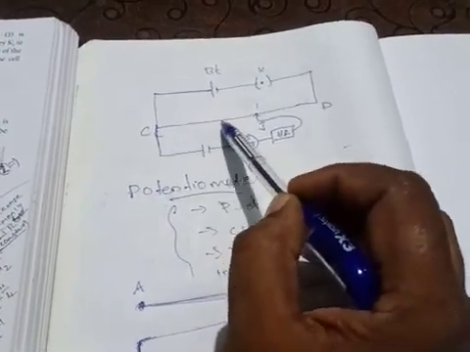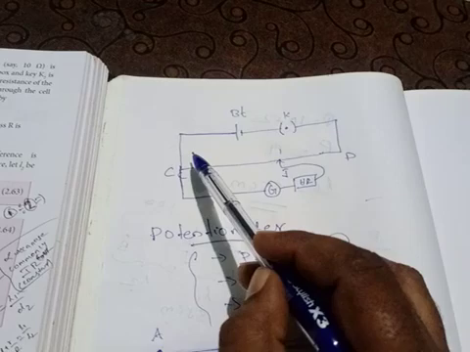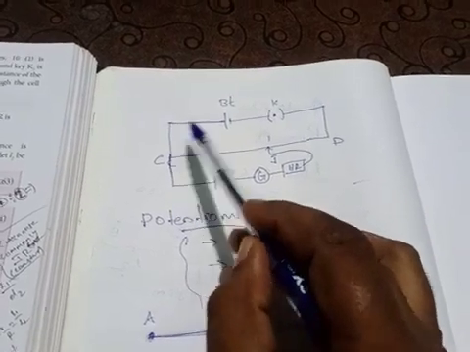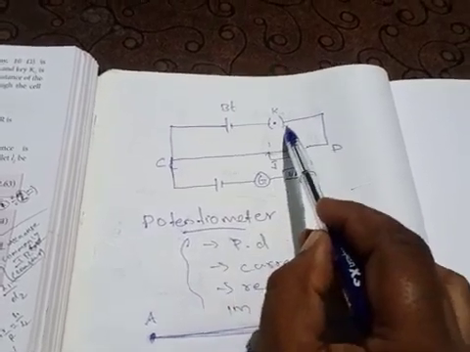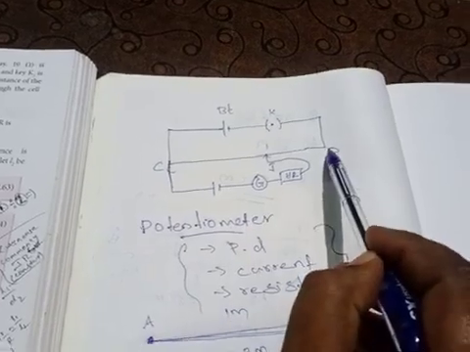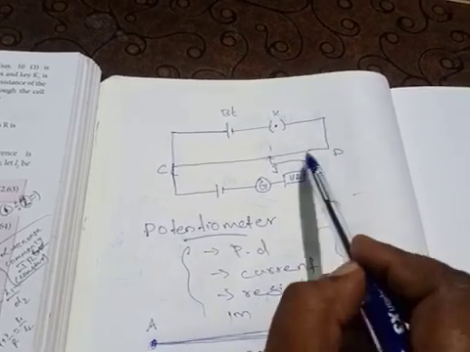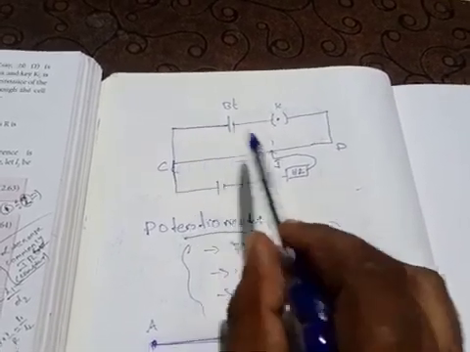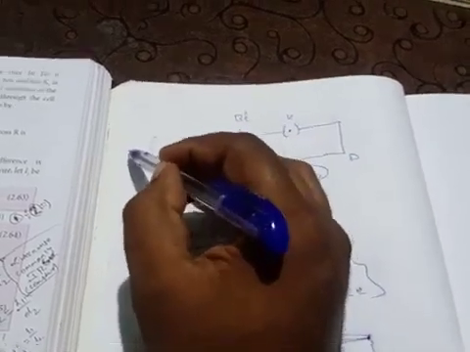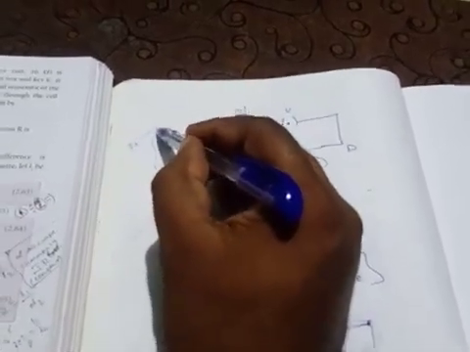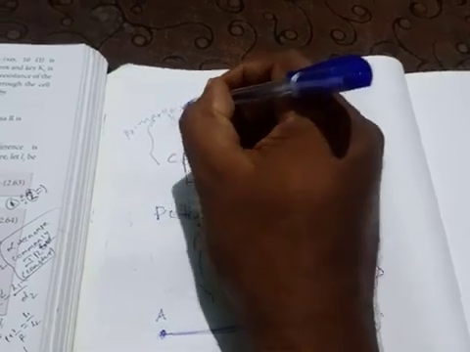Assume that there is some current passing through this, and here you can see battery, key and this potentiometer wire. These three things are connected in series. It is what we can call the primary circuit.